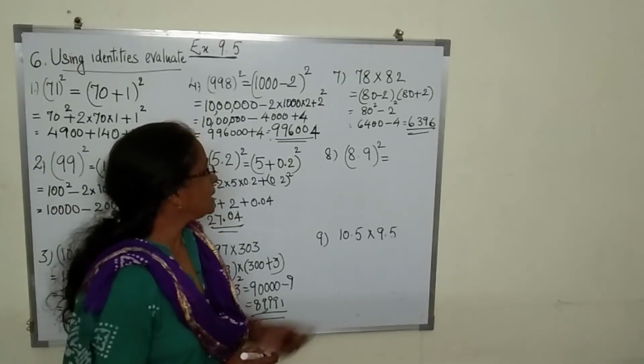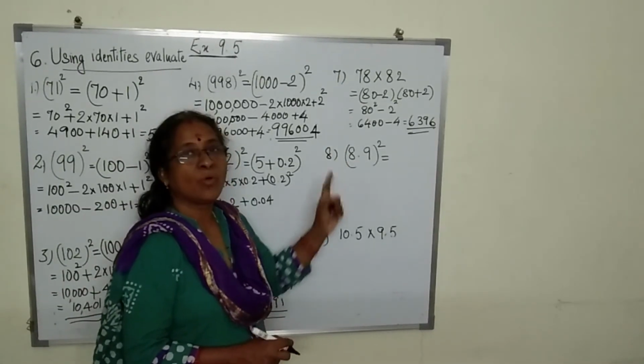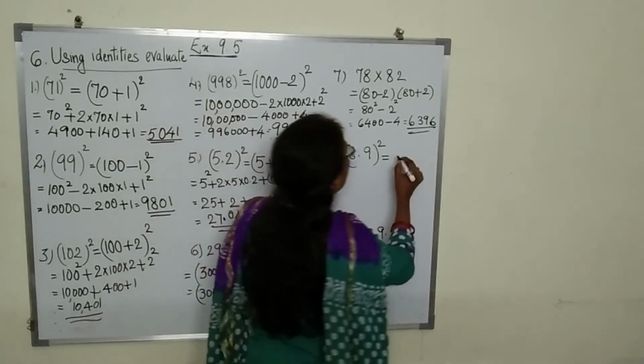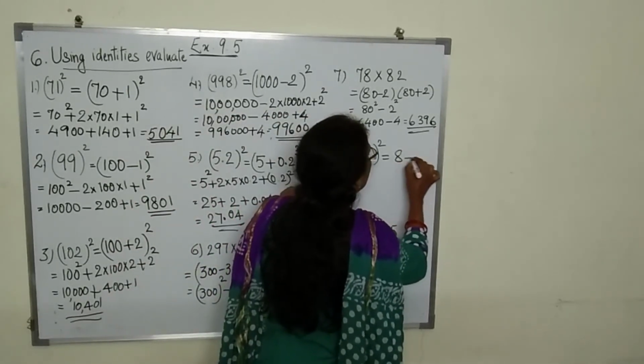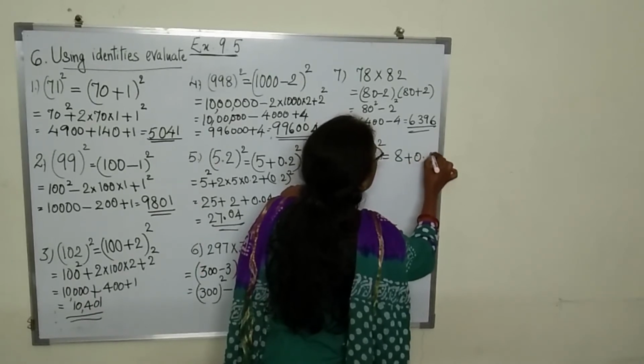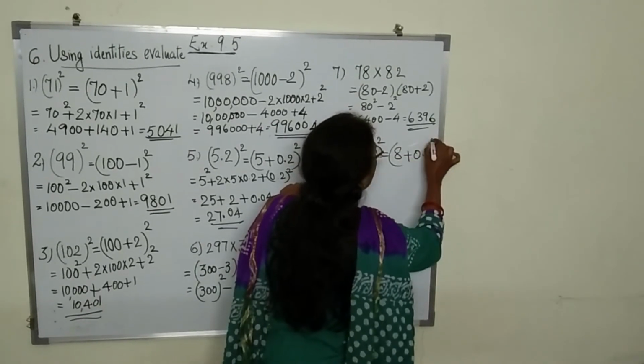The next question is 8.9 whole square, which is equal to (8 plus 0.9) whole square.